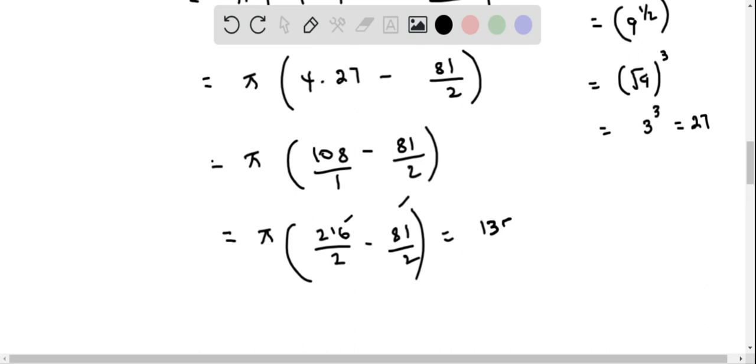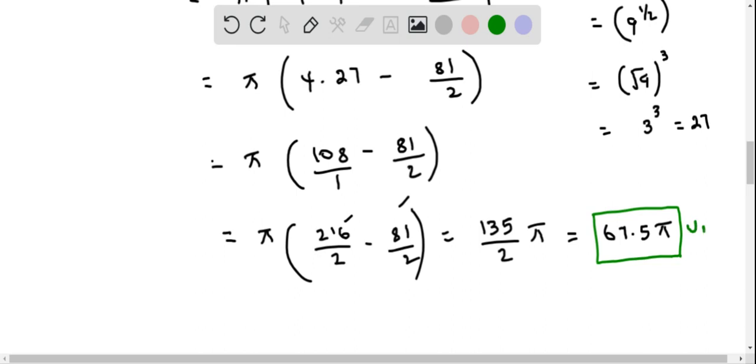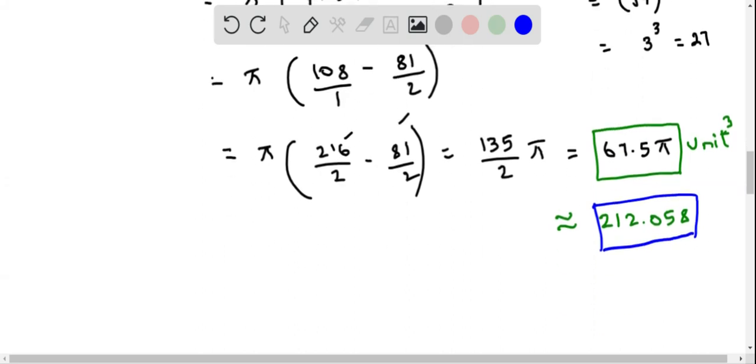So it's basically 135 by 2 times pi, or otherwise 67.5 pi. This is in cubic units. Or we can also approximate this: when multiplying by pi, we get 212.058, and this is also in cubic units.